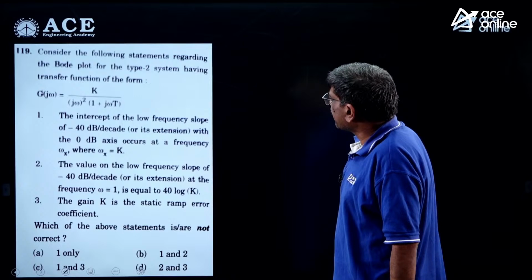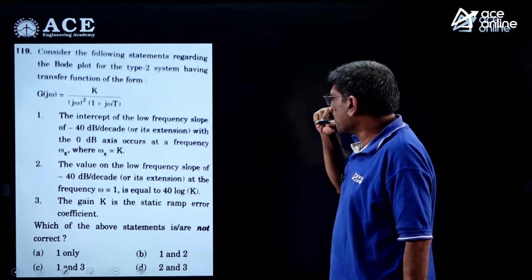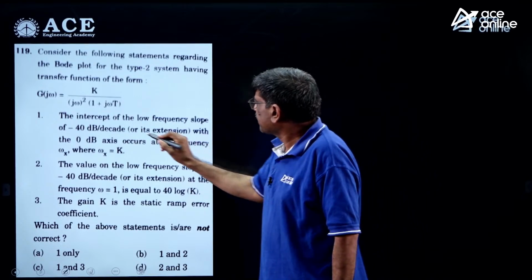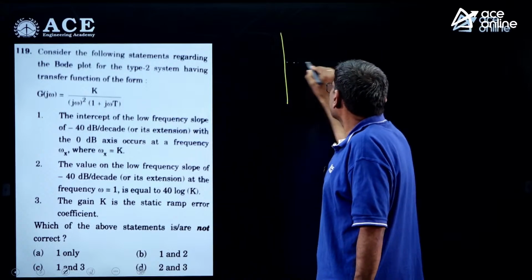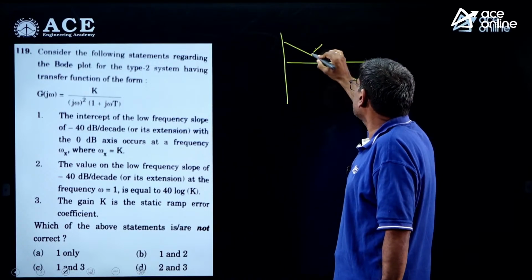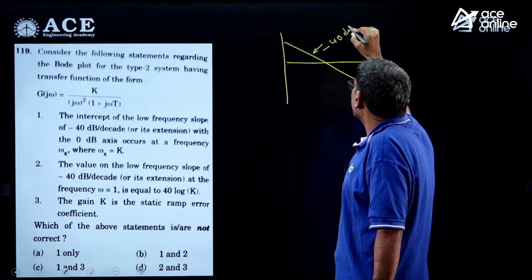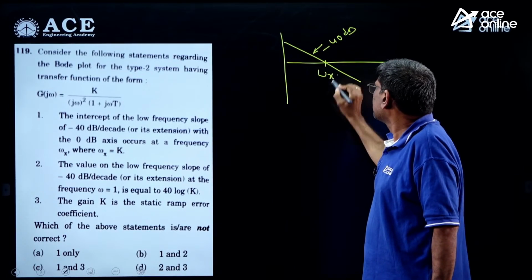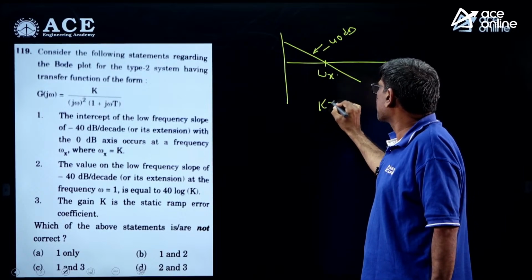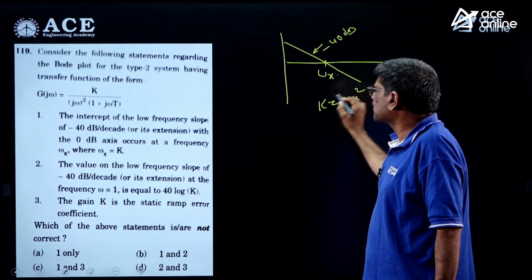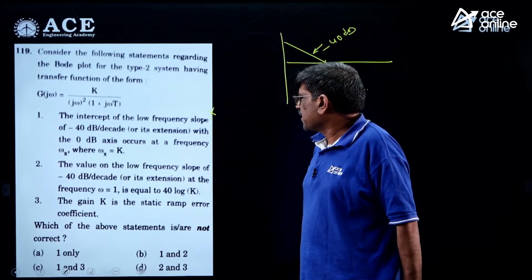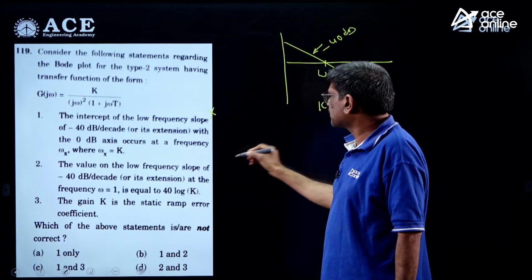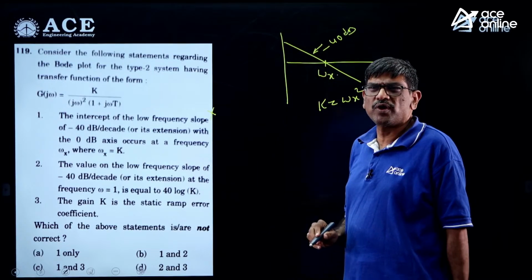Which of the following is related to the... here all are wrong, because when you draw the Bode plot, the initial slope is minus 40 dB per decade and it intersects at omega x. Actually k will become omega x square, so the first one is wrong, and even the second one is also wrong. He is asking the magnitude at omega equal to 1.